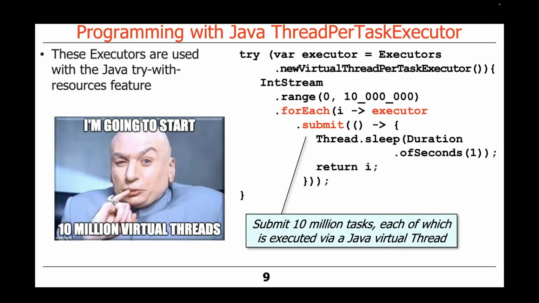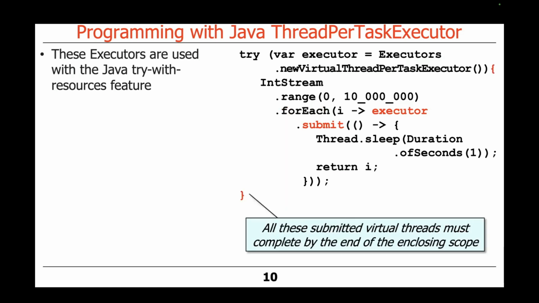That's how you create a new task in the Java Executor framework. Except because this is a virtual thread per task executor, it's actually going to create a virtual thread for each of those tasks. So to quote Dr. Evil, I'm going to start 10 million virtual threads. And so that's an awful lot of virtual threads.